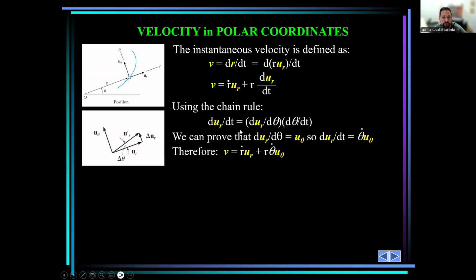If we use the chain rule to work these out, we'll simplify that to just this. We'll end up with, in the r direction, r dot still, but in the theta direction, unit vector theta, we've got theta dot.